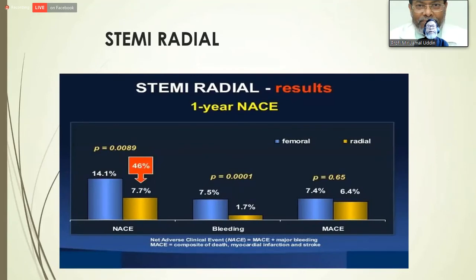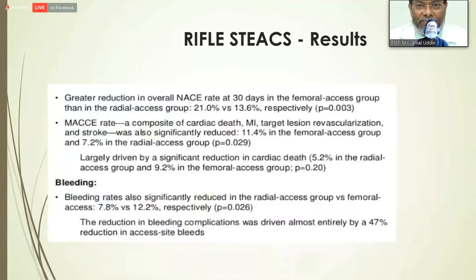In STEMI, the RIFLE-STEACS one-year result also shows everything in favor of radial, though only bleeding is significantly lower with the transradial approach. And recently it is seen that in primary PCI there is also a mortality benefit.